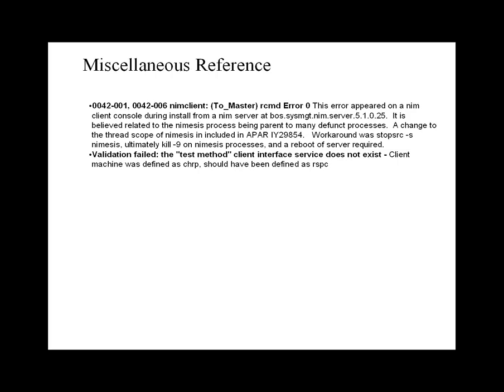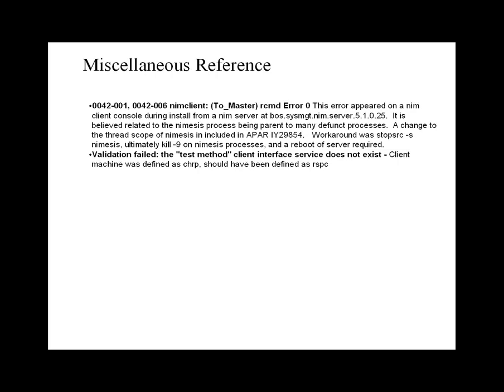My question is, when we get new TL levels, do we patch the existing LPP source or create a separate LPP source? A question for a new technology level. More than likely, you want to keep your original LPP source for a while, and the reason is you keep that in case you ever have to restore a client at that level.